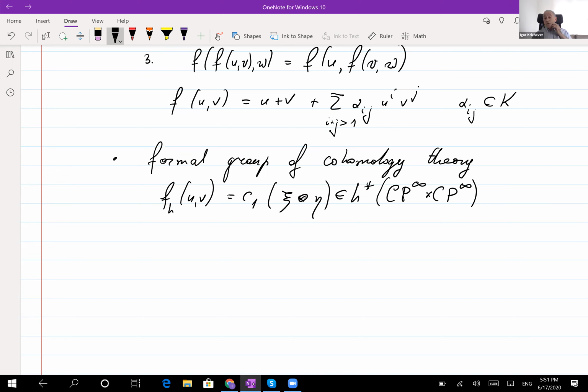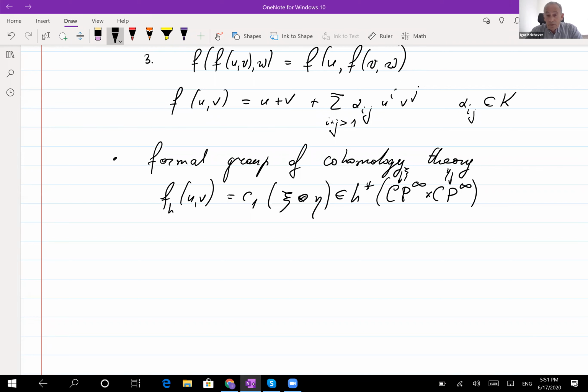We saw already that the cohomology of CP infinity is formal series in the variable U, the other in the variable V. So taking the tensor product of two line bundles, psi is a line bundle over one component, eta is the line bundle over another copy of CP infinity. We lift them by projection to the direct product of two projective spaces.